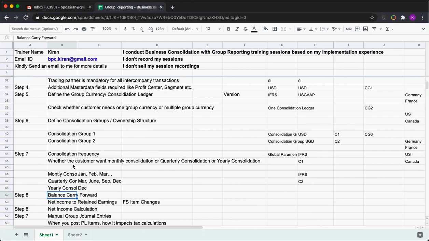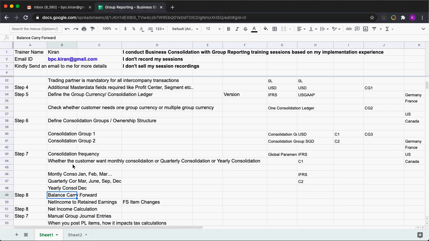What I mean here is, when you are doing your closing and moving your closing balances as opening balances, say in December 2019, a net income account is there. The balance sheet net income, when it is moving to next year, should be moved to balance sheet retained earnings, right?